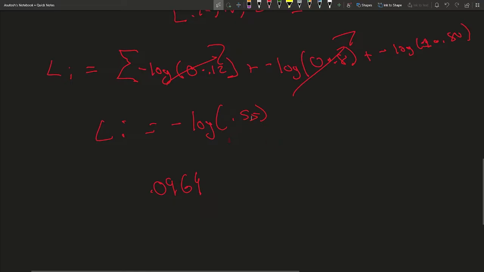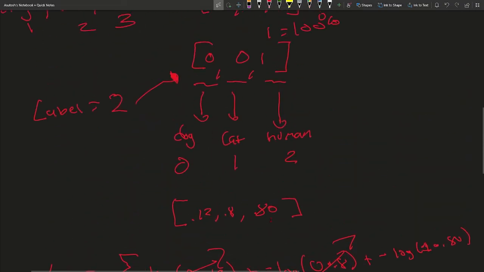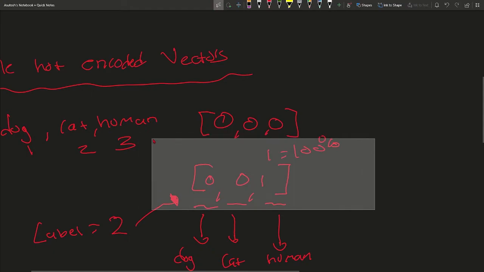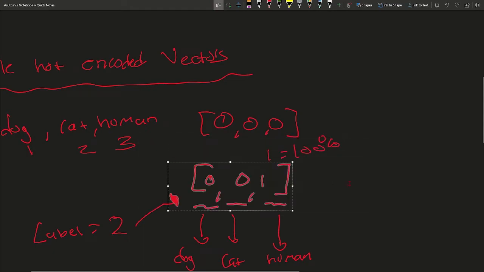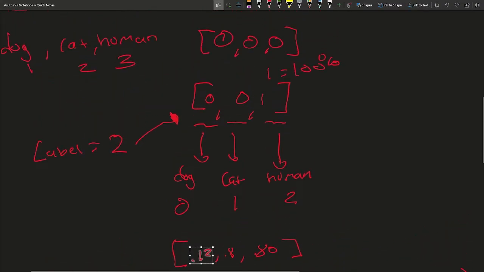So that's how categorical cross entropy loss is calculated. It uses this one-hot encoded vector that tells the computer what the data is classified as, and then it compares that classification to the computer's confidence scores for each of the classes. The computer thought there was a 12% chance of the image being a dog, an 8% chance of it being a cat, and an 80% chance of it being a human.